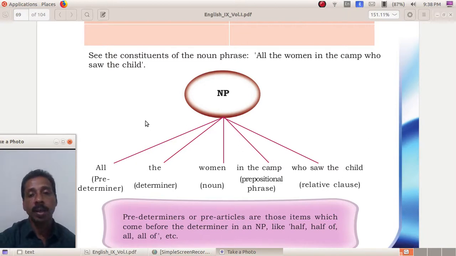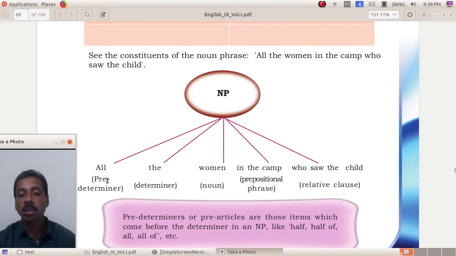So we know that's a lengthy noun phrase. A number of words are there, and here it is mentioned which words are used to form this noun phrase. First word is all, and we learned that the is a determiner, and this all is coming before this determiner. Before, so that is called a predeterminer. So what's a predeterminer? Predeterminer is a word that is used before a determiner, and in the next part it is mentioned which are the predeterminers.